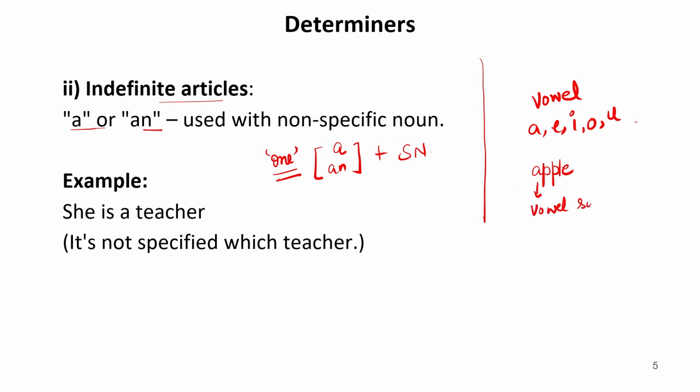Actually, the sound matters. The pronunciation and the sound matters. Not only that the word is beginning with the vowel, that does not matter. No. What matters actually? The beginning sound. If I pronounce this word apple, it is actually an AE sound, that is covering the vowel structure only.